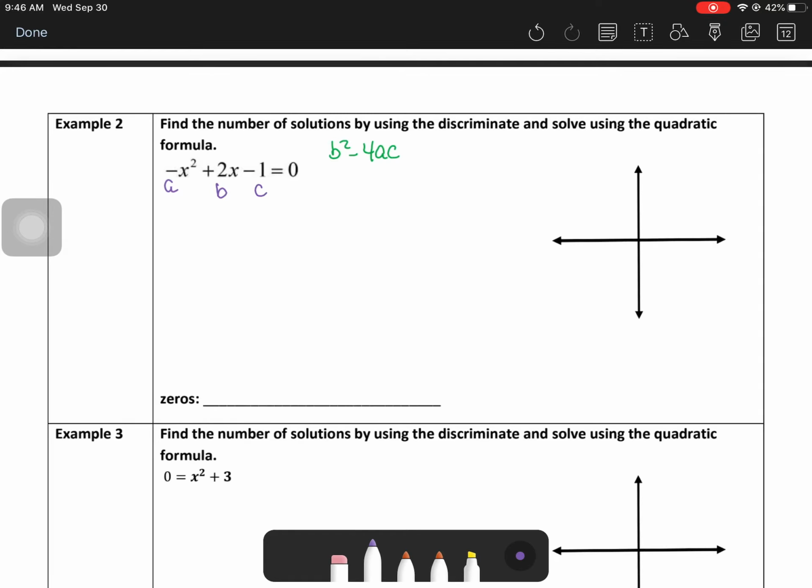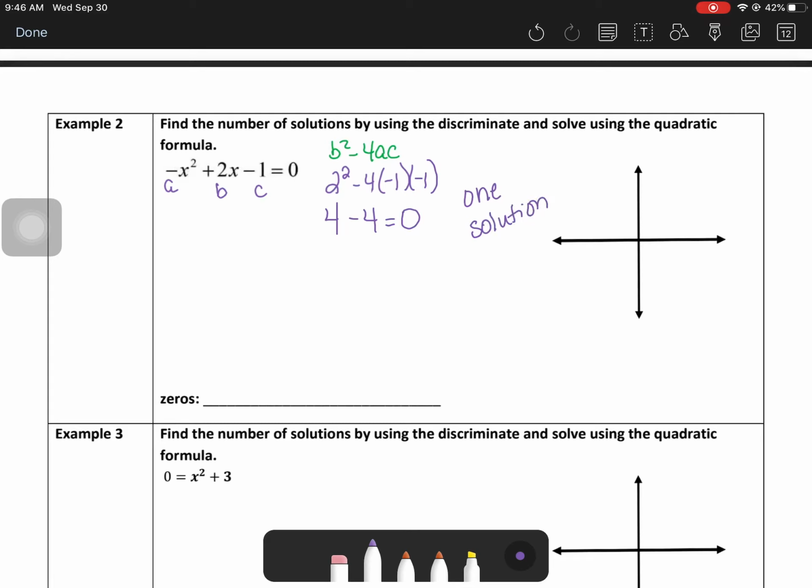So my b is 2, so that's going to be 2 squared minus 4 times a is -1 times c is -1. So I have 4, and then -4 times -1 times -1 would be -4. So my discriminant is 0, so that's going to be one solution.